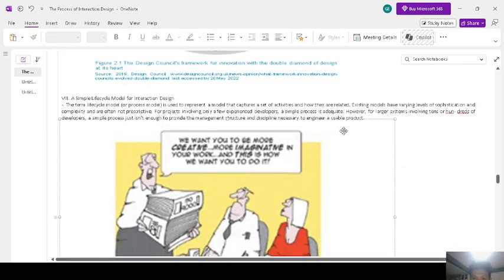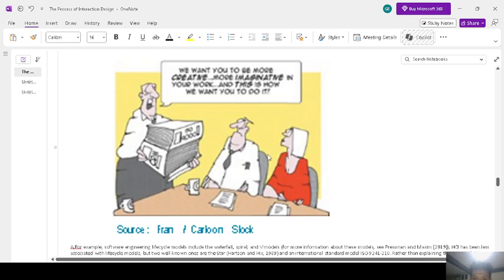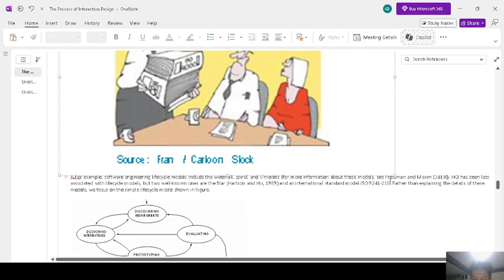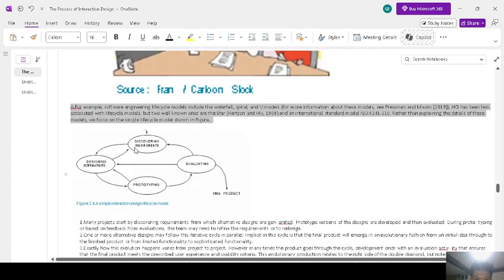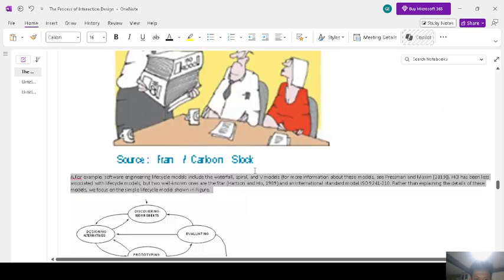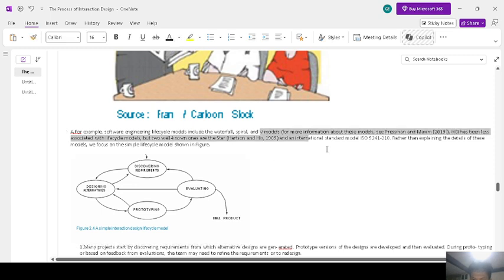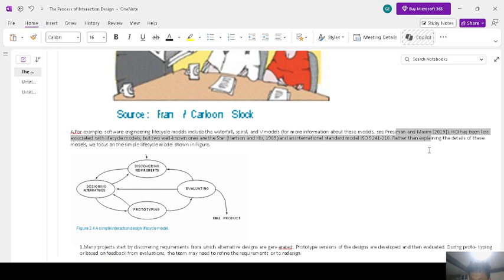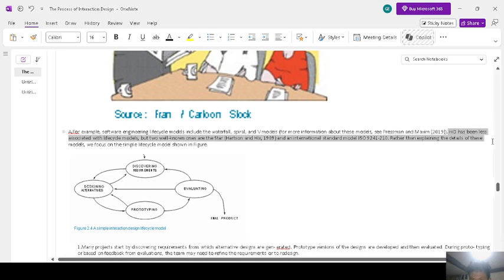However, for a large system, it's hard to get a representation of how the system actually works, having interconnected classes. For example, software engineering life cycle models include the waterfall model. For more information about this model, see Pressman and Maxim, 2019.